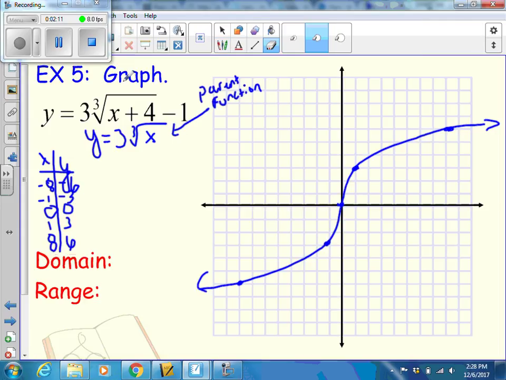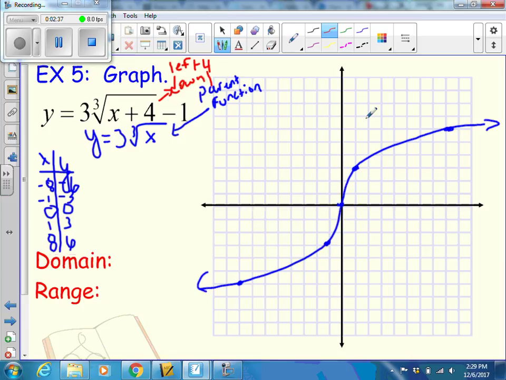So now what we need to do is figure out, well, what are the transformations, basically the vertical and horizontal, in which we can move the points. Now here we have x plus 4. This really indicates, remember, that we're actually going to go to the left 4. So we're going to shift our points left 4. And then since we have minus 1, that means we're going to go down 1 as well.